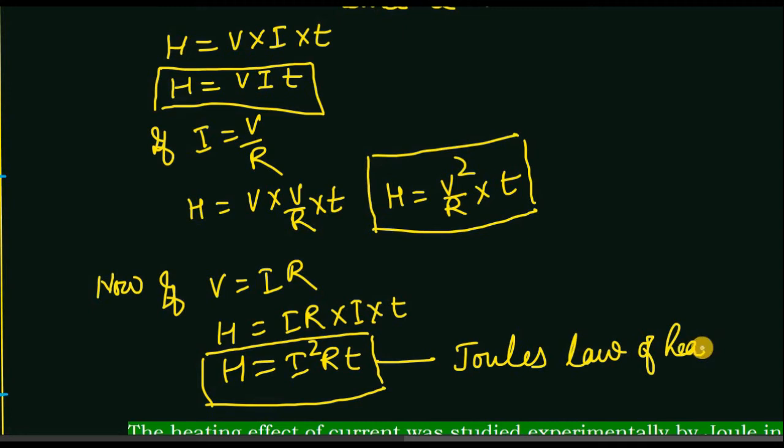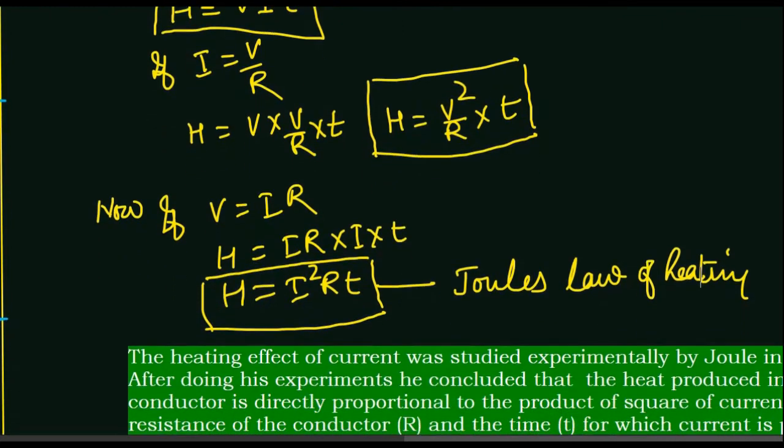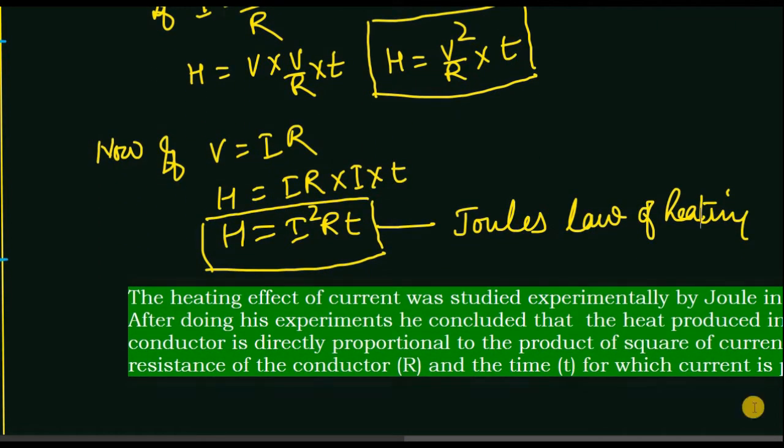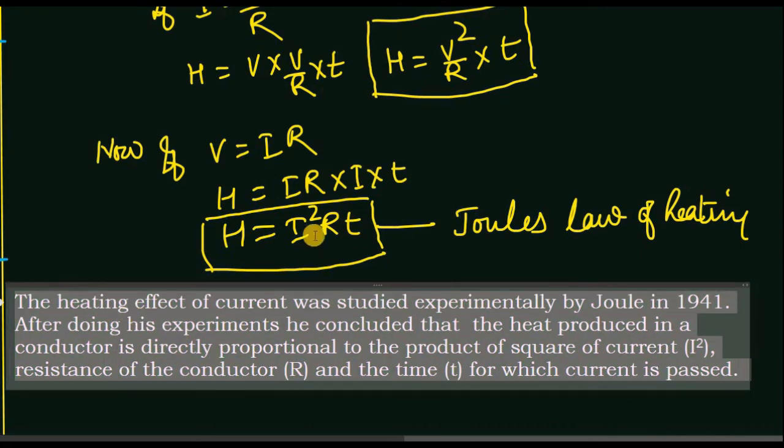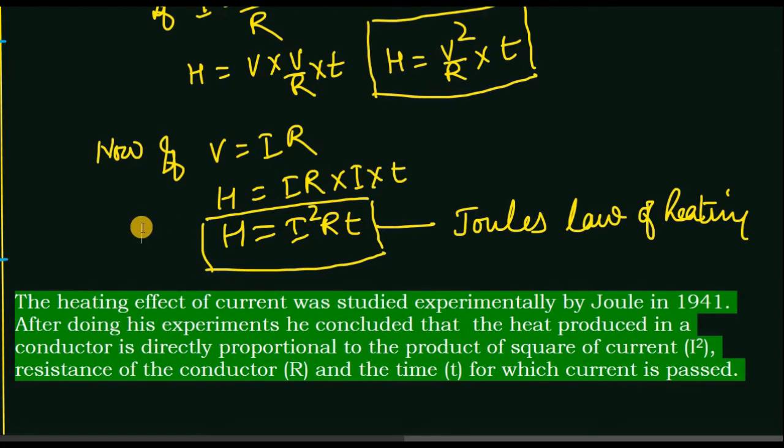Actually this relation is given by a scientist. And what is this relation? The heating effect of current. Just look at this. The heating effect of current was studied experimentally by Joule in 1941.